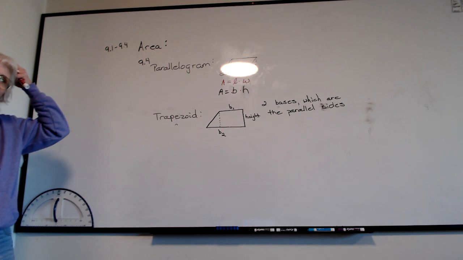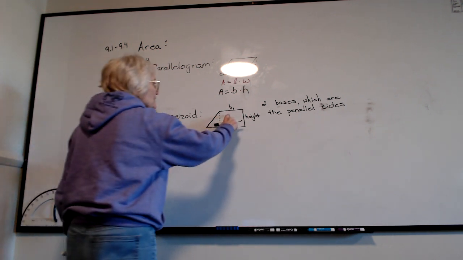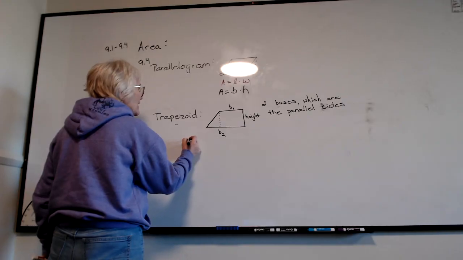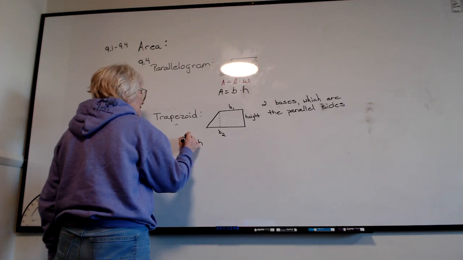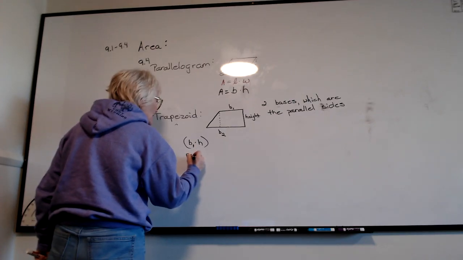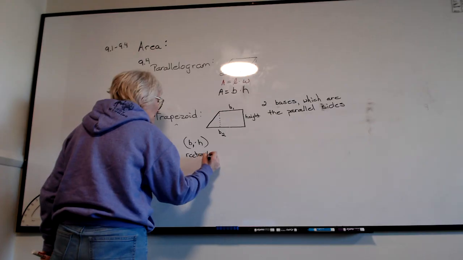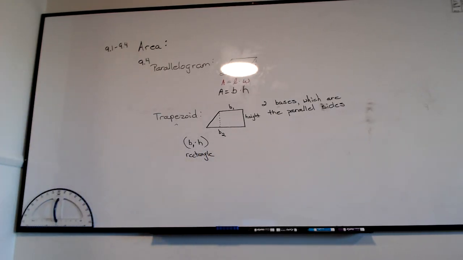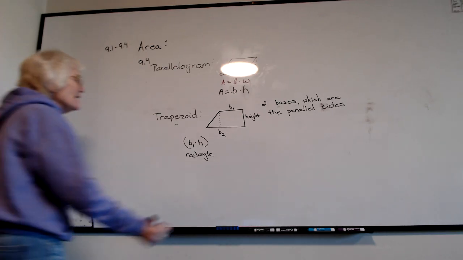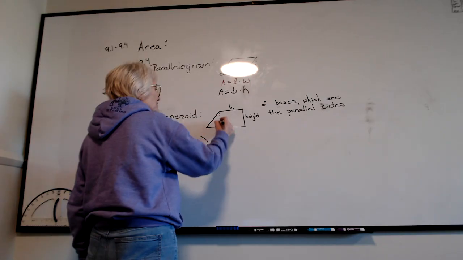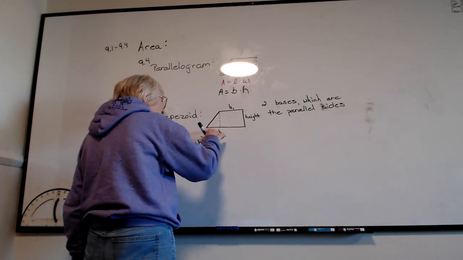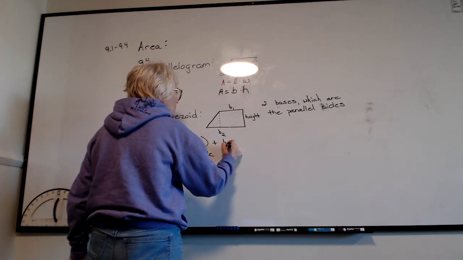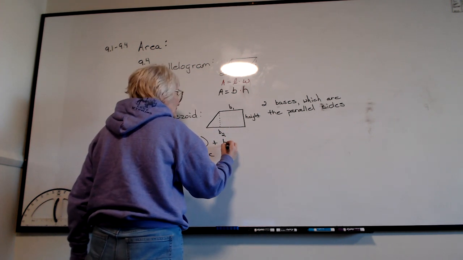So in this case, first you're going to find the area of base 1 times the height, because that's my rectangle. Does everybody agree with that? That's the amount of the rectangle. I'm going to add that to this triangle, whose base is base 2 minus base 1.